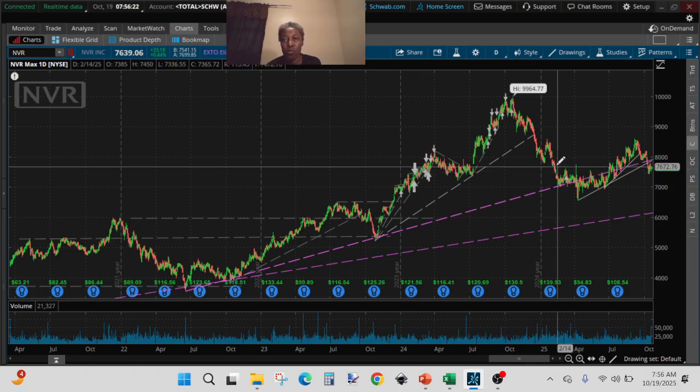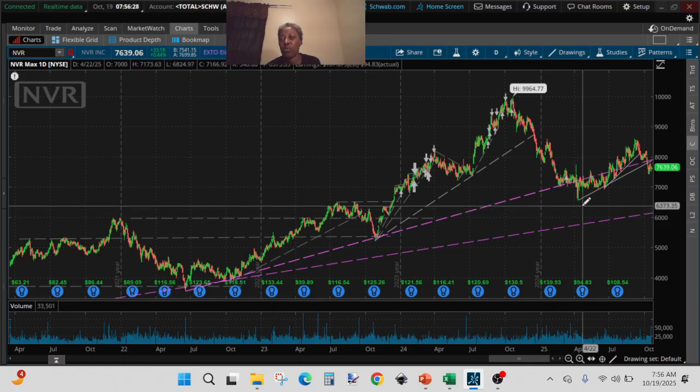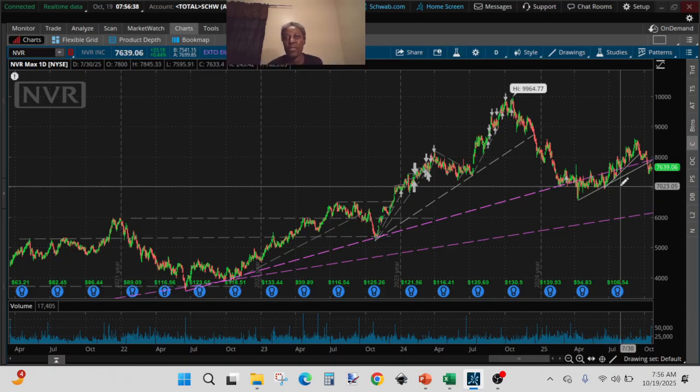I pay attention to the color of the candlestick, which is easier, and then pay attention to which one is higher, which one is lower when it comes to those pullbacks, those days that the price drops, to see if the price pullbacks are getting higher and higher.